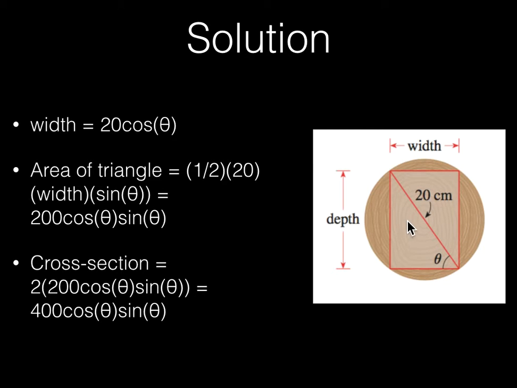So here you know that the width here is going to be 20 cosine theta, which you know from your experience with circles and triangles.